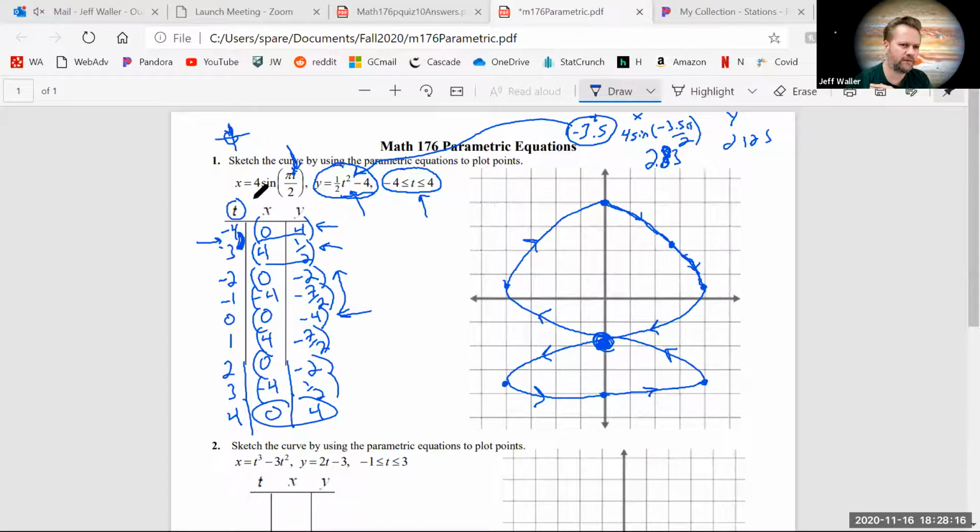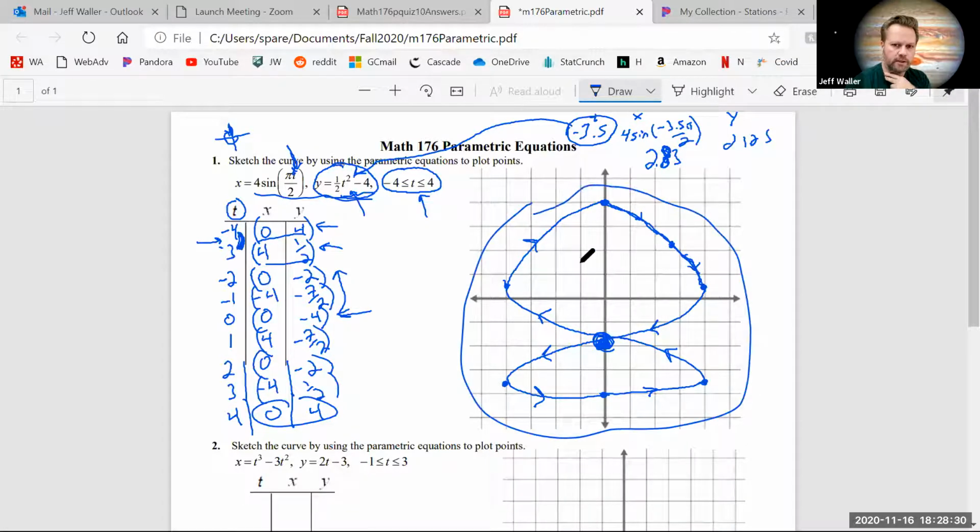This one is kind of a rough one to start with, but I like it because it comes out with a very nifty image that we would never have created without these parametric equations. This can't be done with polar equations very easily either. So parametric is yet another way to create more shapes.